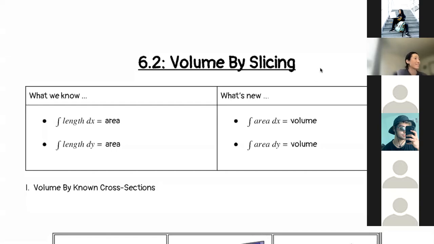All right. So on Monday, we talked about 6.1. And in 6.1, we talked about how the area between the curve and the x-axis that we'd been looking at was actually only part of the problem.